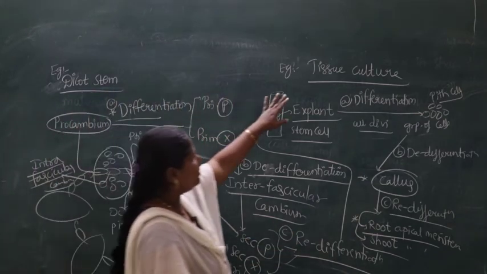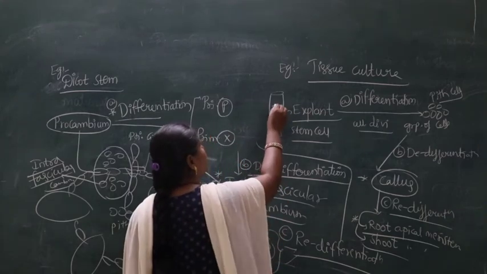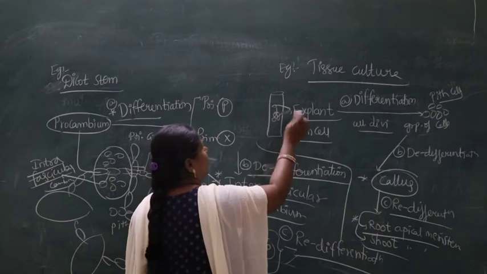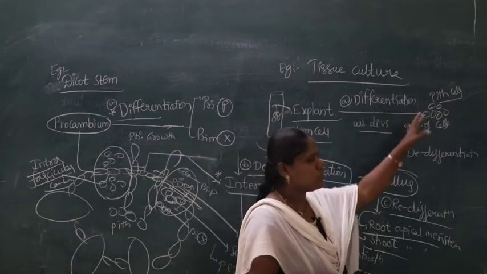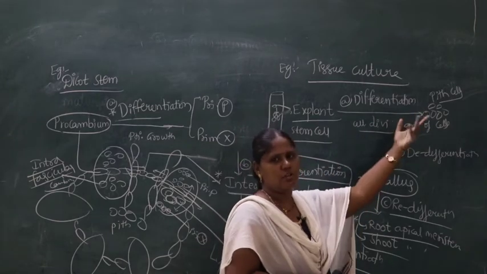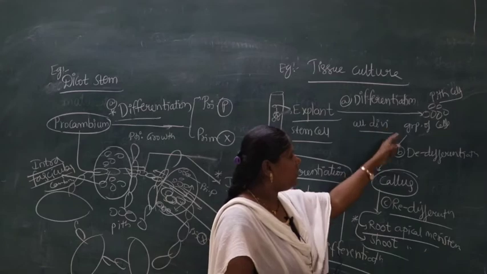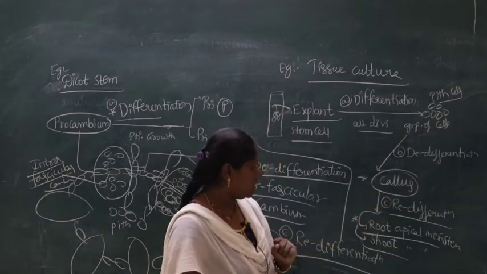Coming to tissue culture, the single cell we take is called explant. Explant is nothing but a single cell. It undergoes differentiation and forms a group of cells called simple parenchymatous cells. They are called pith cells or medulla cells. And later they undergo de-differentiation and form callus. Callus is an undifferentiated mass of cells.